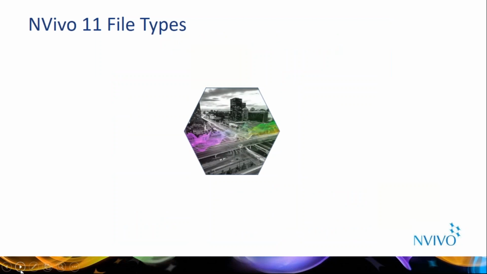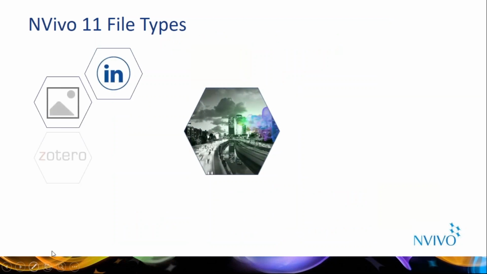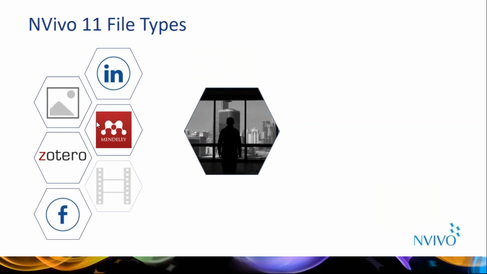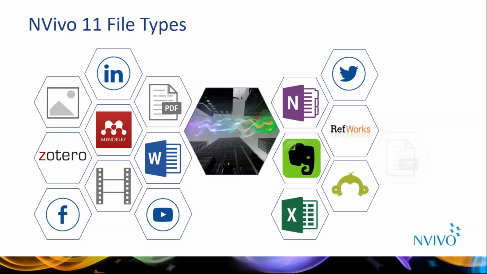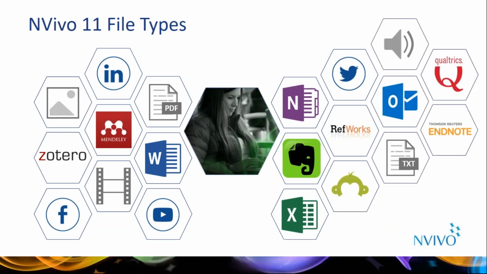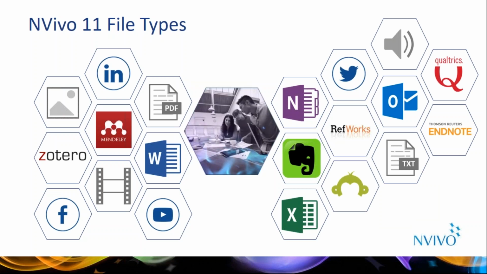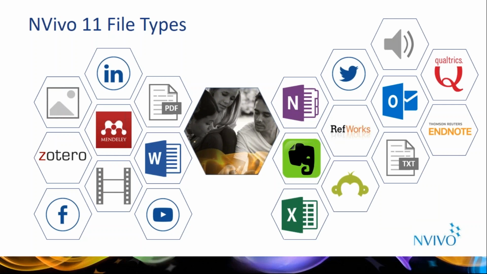There are a large number of file types that NVivo 11 for Windows can work with. Anything from traditional text-based data, to audio, video, PDFs. You can also work with web-based data via NCapture, an add-on that comes with NVivo, allowing you to capture web pages as PDFs.